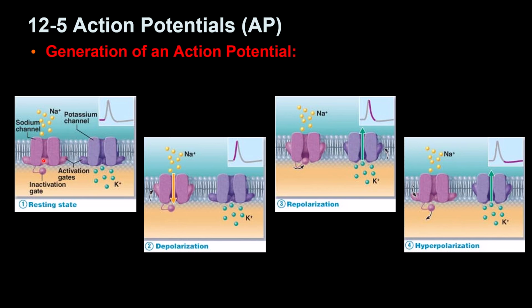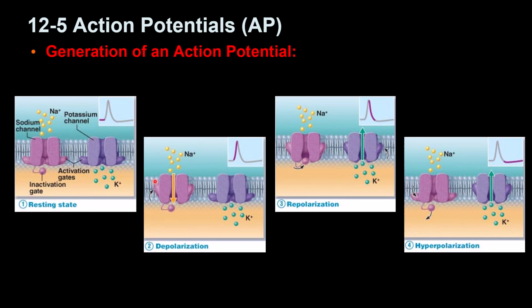The activation gate is closed at rest, the inactivation gate is open. For the potassium, you have only one gate, the activation gate, which is closed. When the activation gates are closed, it prevents movement of ions. So sodium cannot enter the cell, potassium cannot leave the cell. Nothing is going on, negative 70.